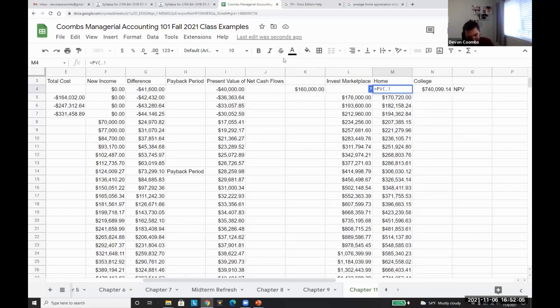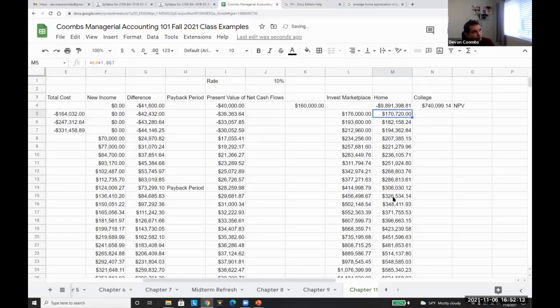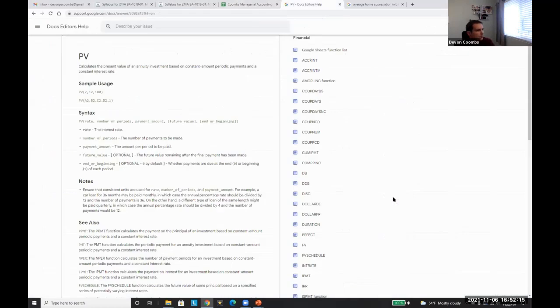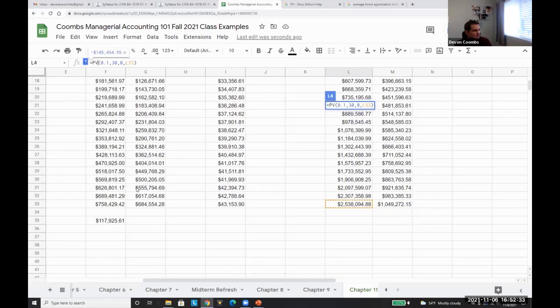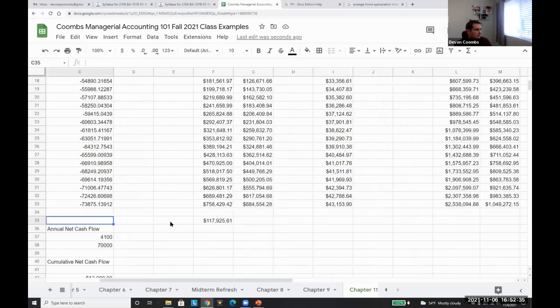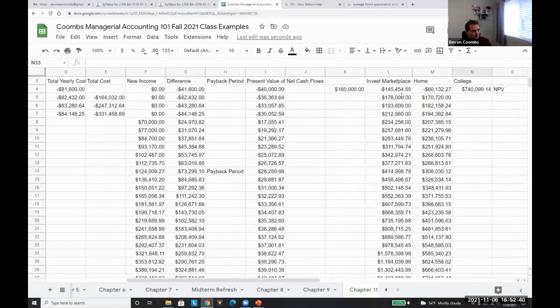The rate's 0.1, the number of periods is 30, and the future amount is this, with 1.1 and a payment of 0. So we can see here, in this case, investing in the marketplace should yield us, let's see, 29.